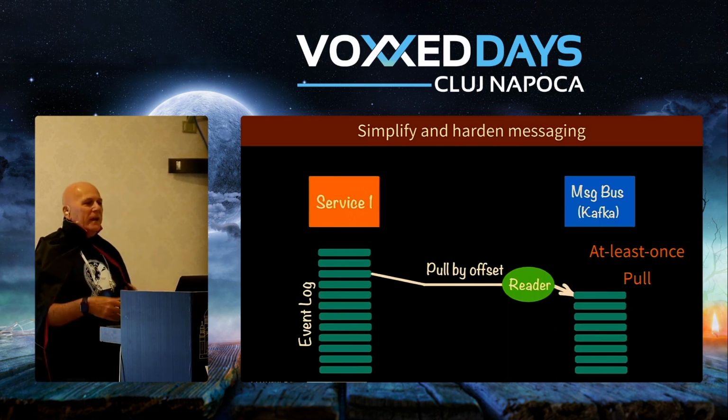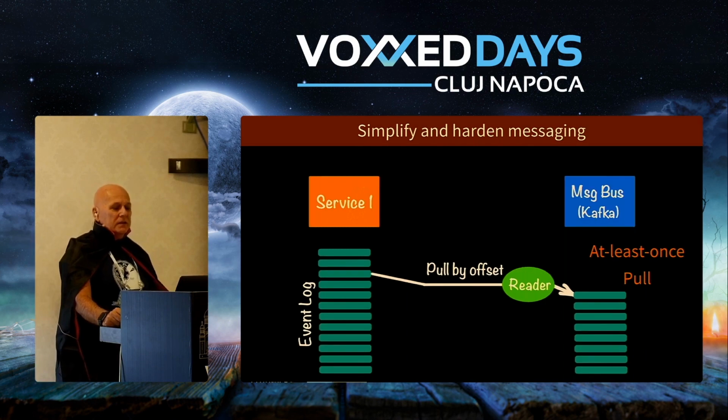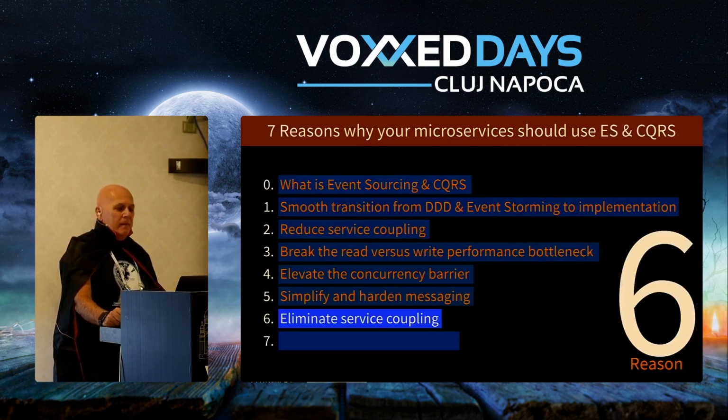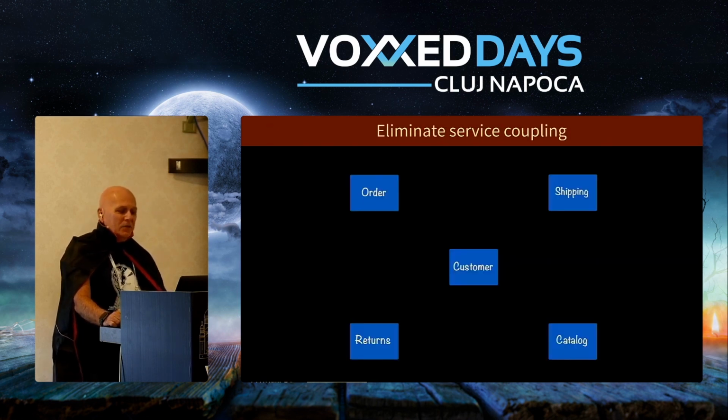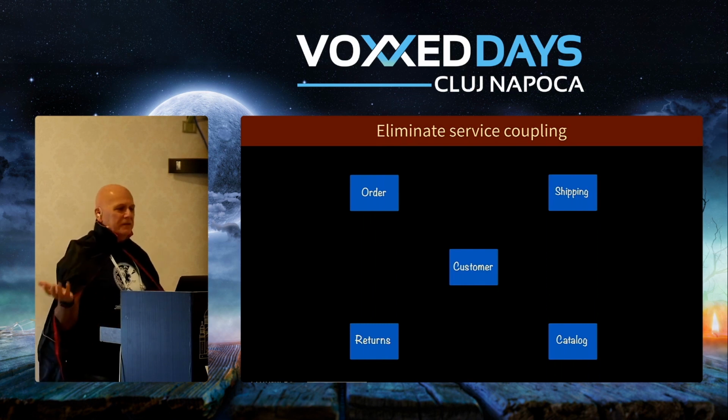And this pull pattern really works a lot. It works for service to service, it works for service to Kafka, things like that. This is probably my favorite, well, one of my last two favorites, but I like this one. There's this pattern where, say, we've got a customer service that has information that these other 4 services need. This is a common pattern.